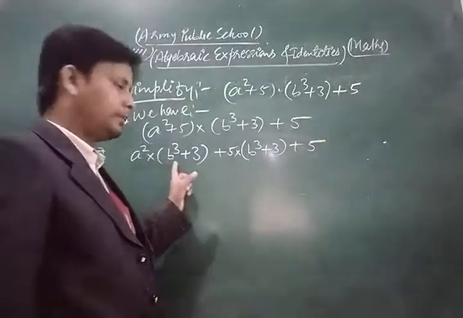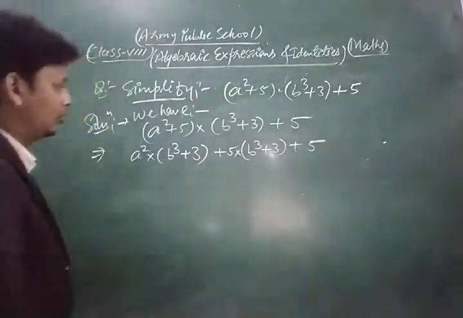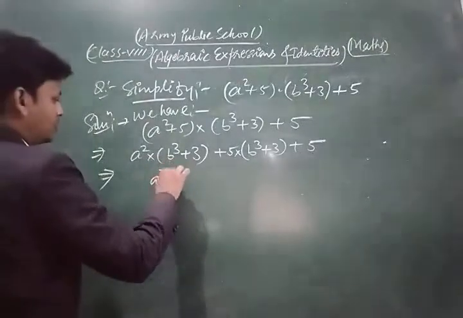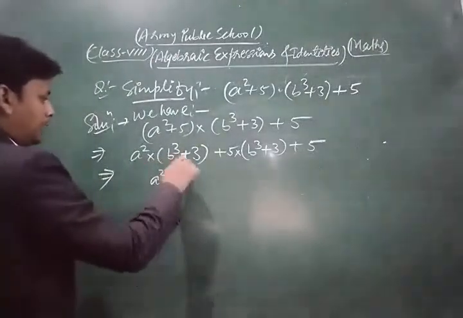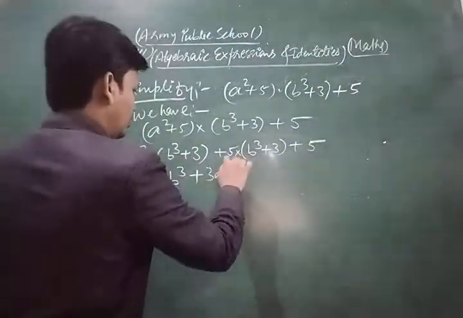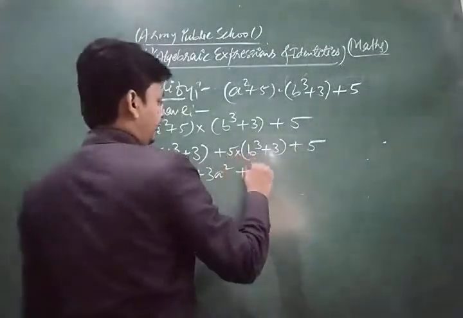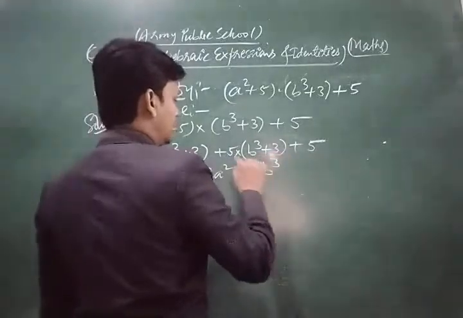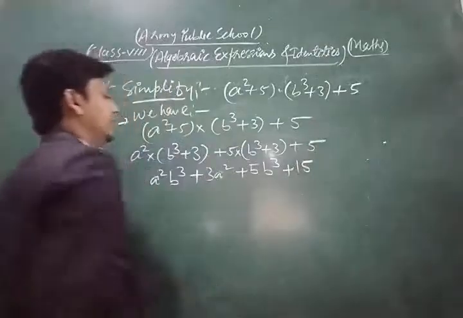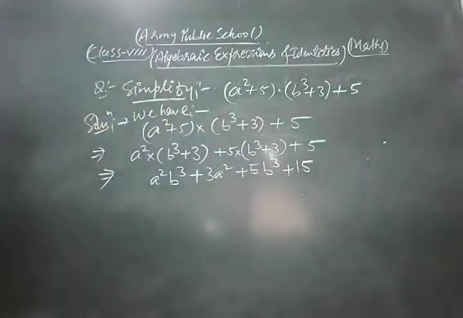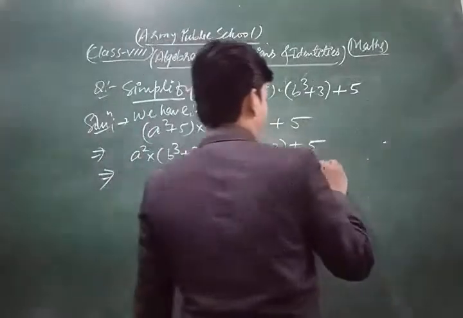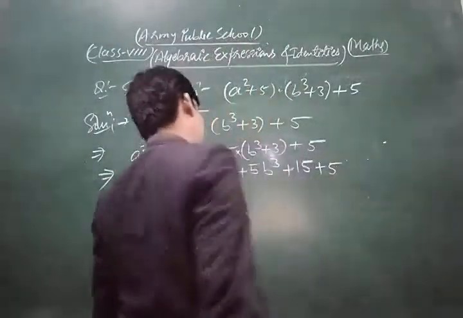Now we multiply them. So we have a square into b cube, that is a square b cube, plus 3a square. Now plus 5 into b cube is 5b cube, and plus 5 times 3 is 15, and plus 5 as it is.